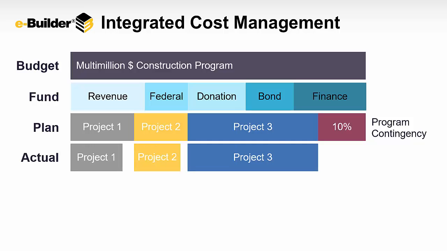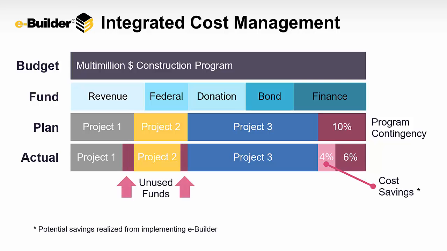Now, what an owner is ultimately looking for is that they have each of these projects and they want to understand in real time and as early as possible, are there potentially unused funds or uncommitted funds on certain projects that could be moved or used on other projects that need it, that have changes or have cost overruns. And they want to be able to look at that before having to dip into the contingency.